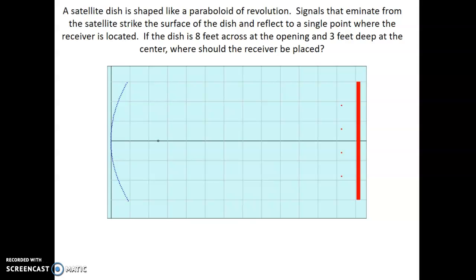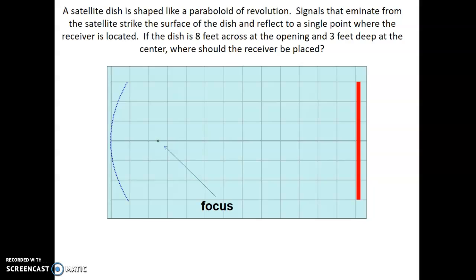The signals, these little red dots, come down from space. They strike the surface of your dish, and the signals are reflected all back to the focus point, where they get taken as a signal down to your TV.